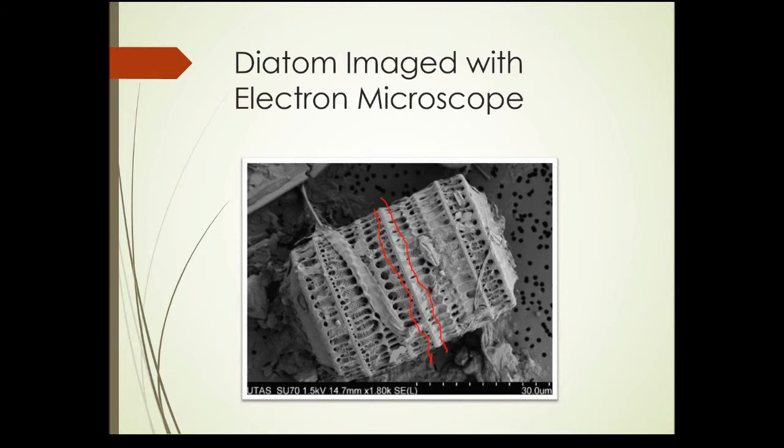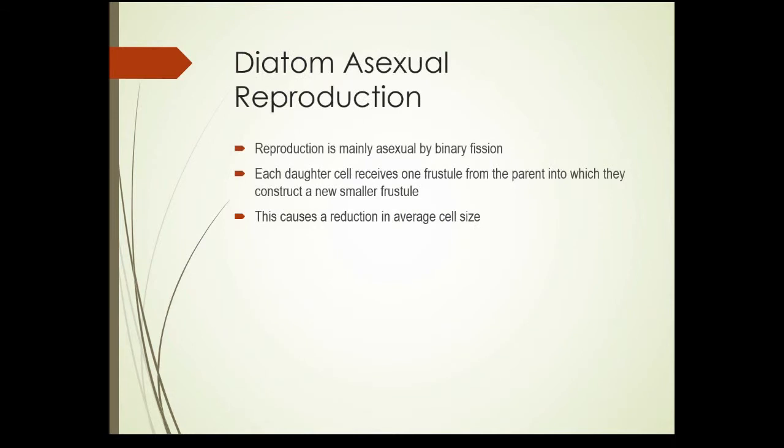Now, diatoms can reproduce asexually or sexually. Keep in mind, this is a silicon-based cell wall. Once it's made, it can't grow. It's stuck at this size. One half sort of fits over the other half a little bit. So, when diatoms reproduce asexually, they reproduce by binary fission.